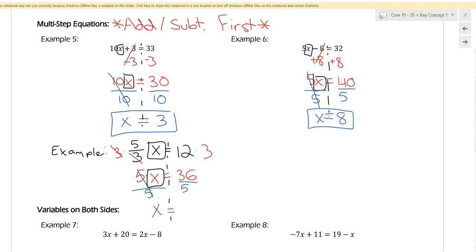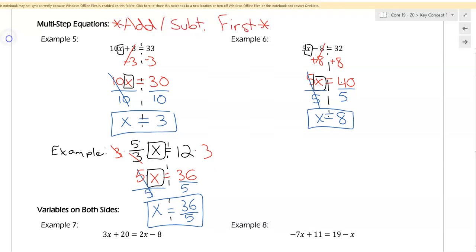When I divide 36 by 5, you just get 36/5. Okay, so if you get a fraction, it's okay. I promise. So when you have that fraction in front of x, you can think of it as a division and then a multiplication. So you're just doing the opposites of those.